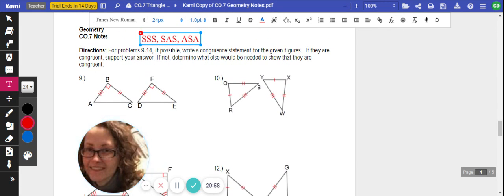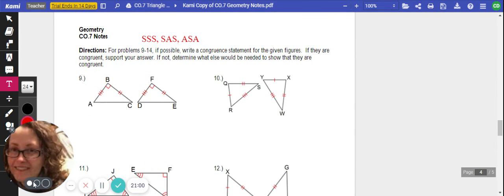Again, I want to see, does this triangle represent side, side, side, side, angle, side, or angle, side, angle? Here I am showing that these two sides, AB and DF, are congruent.